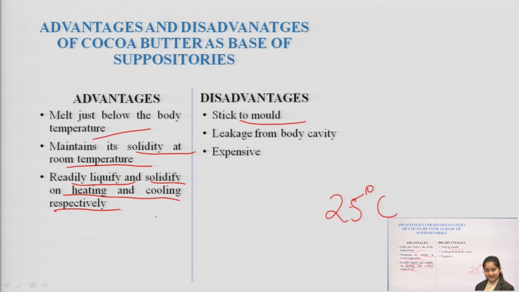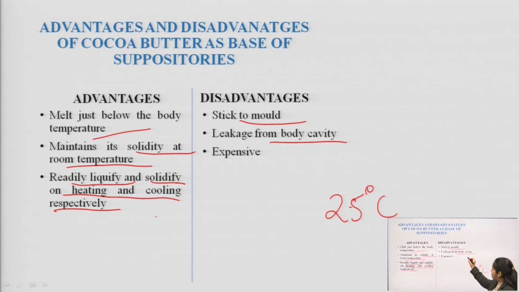Moving on, the second disadvantage is leakage from the body cavity. Leakage is a prime concern when we are using suppositories as a medicated dosage form, because whenever we are using suppositories, they are definitely going to melt at body temperature, and when they melt, they get converted into a liquid dosage form, and if that is inserted into a particular cavity, that cavity being nothing but an orifice, that liquid is definitely going to ooze out from that surface.